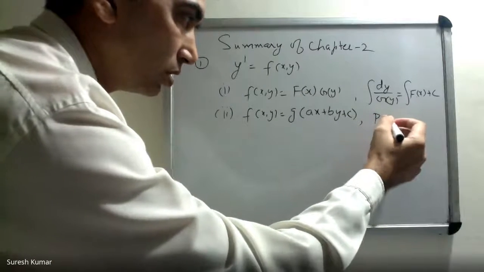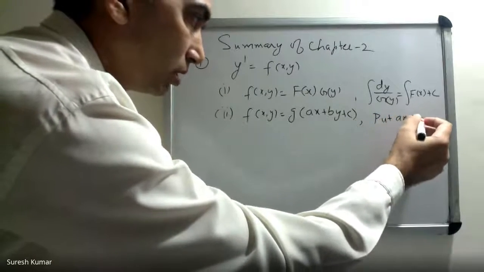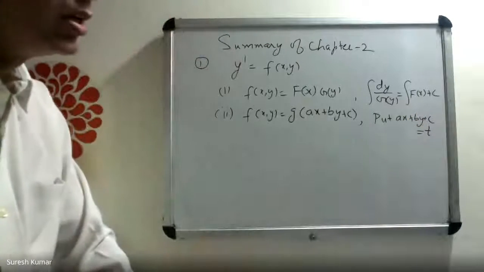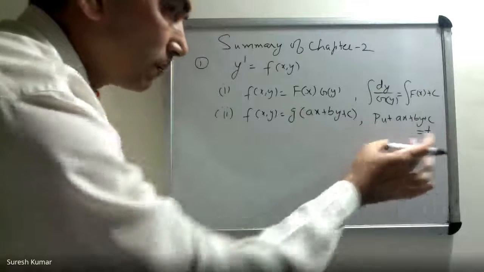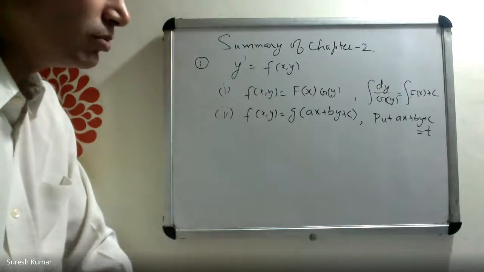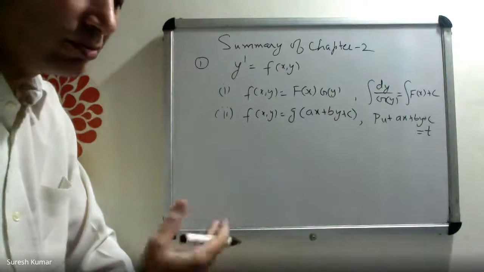We put ax plus by plus c equal to some variable t. Once we do this, change the given differential equation in terms of t and x, it becomes variable separable.